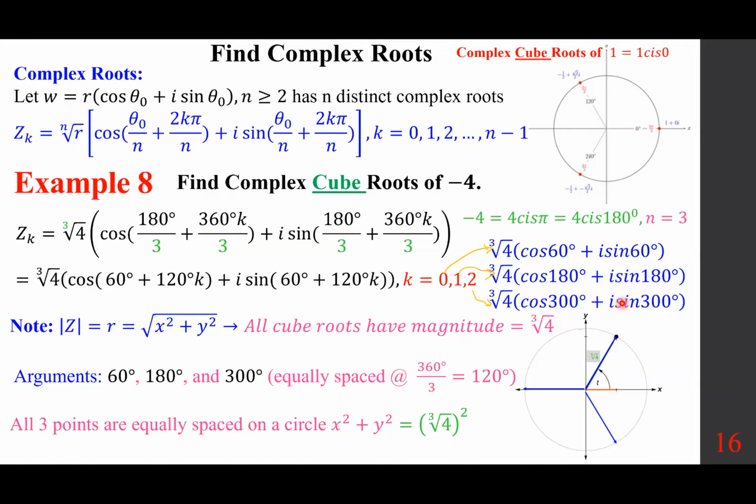Why is it 120 degrees? n equals 3, so you have to divide 360 by 3. So if you're looking for the cube root of any number, they're spaced at 360 divided by 3, which is 120 degrees. If you want 4 of them, you have to divide by 4. That means 90-degree difference. Okay.